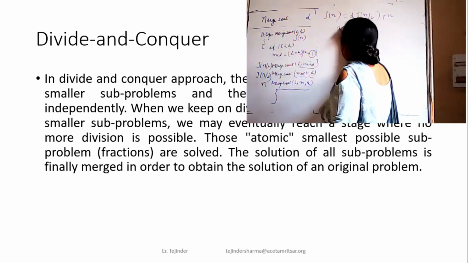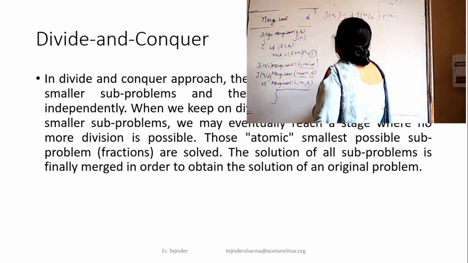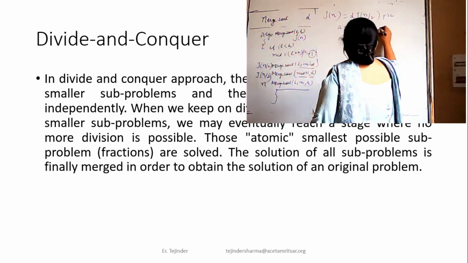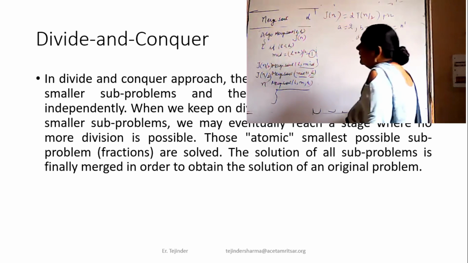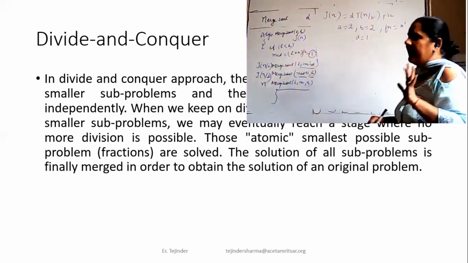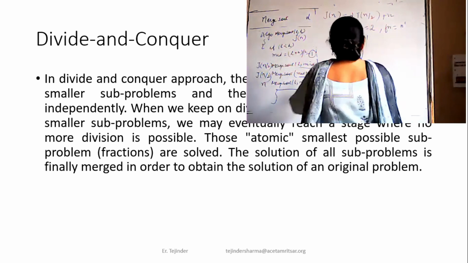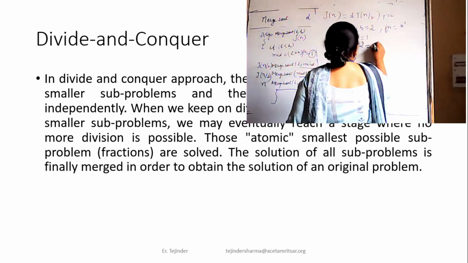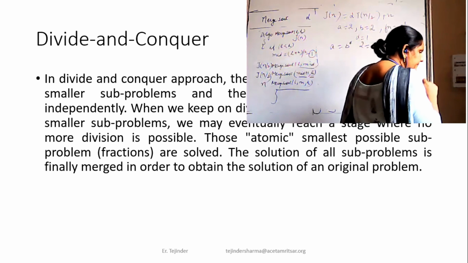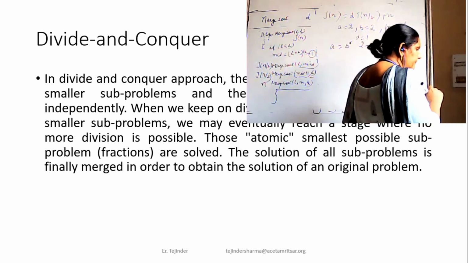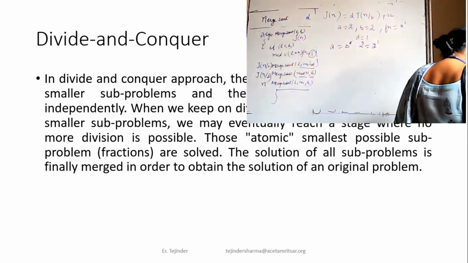According to master theorem, a is equal to 2, and b is equal to 2, and f of n is equal to n power 1, and d is equal to 1. Now here the second case will apply, because here a is equal to b power d. So 2 is equal to 2 power 1. So what is the answer?